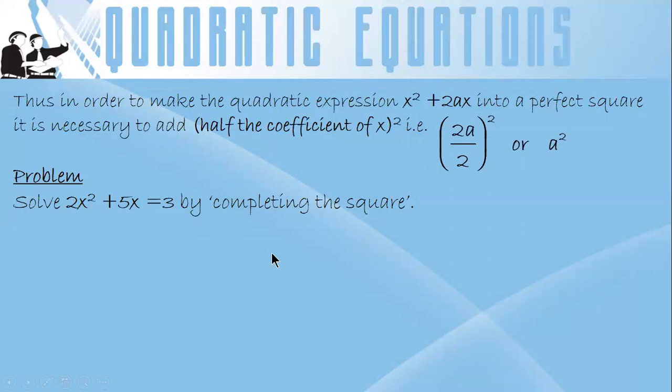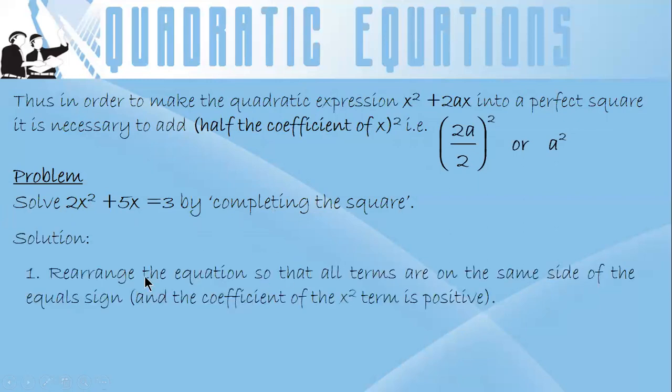So, the first step is this. Rearrange the equation so that all terms are on the same side of the equal sign. And also, the coefficient of the x squared term is positive. It must be positive. So normally, all the terms on the right, transpose to the left.